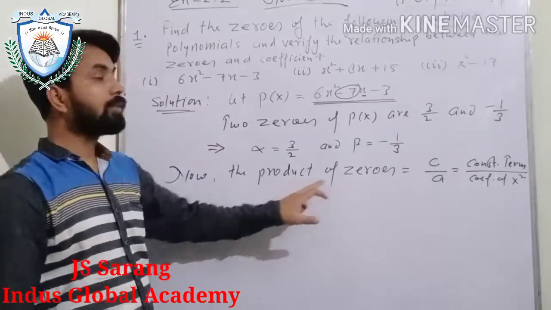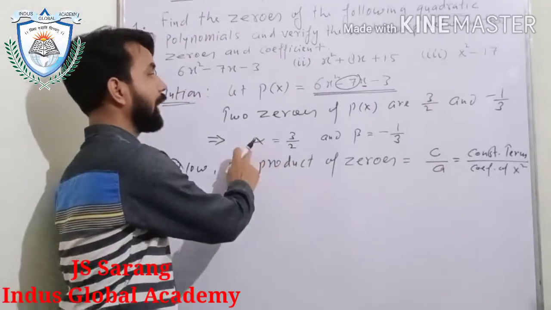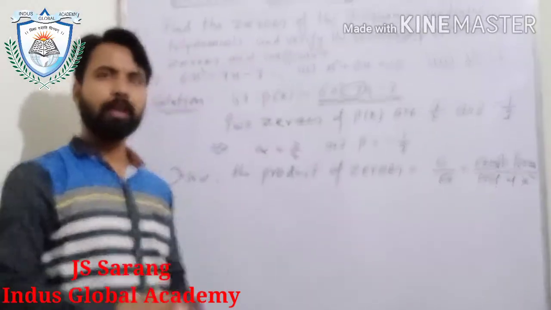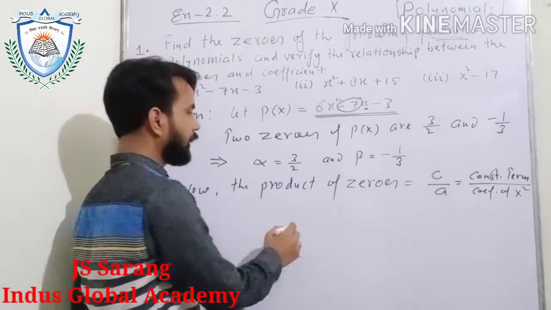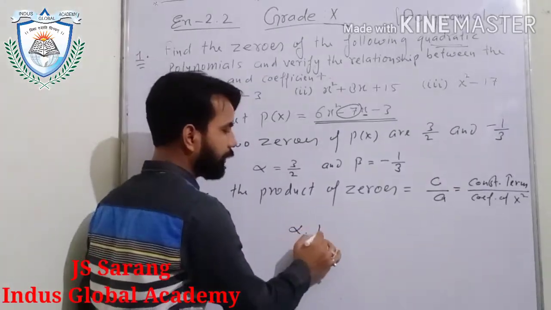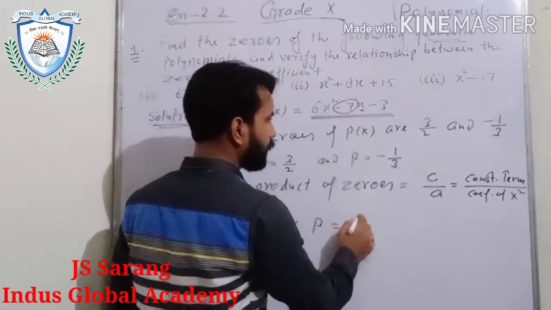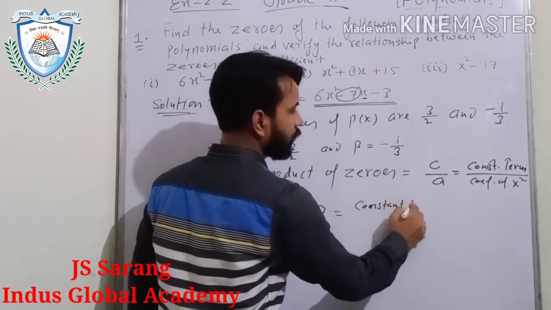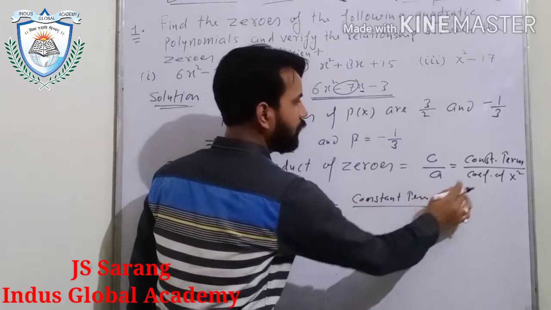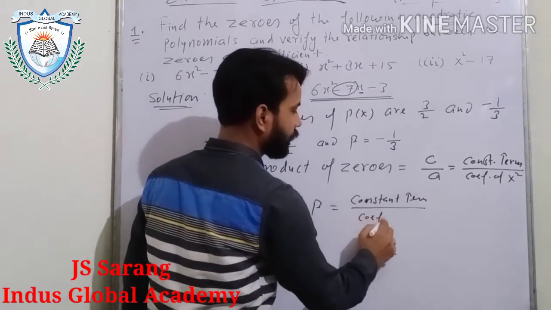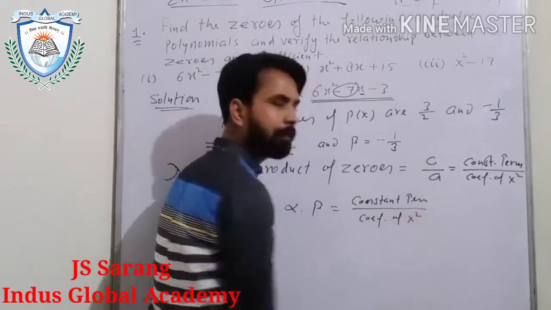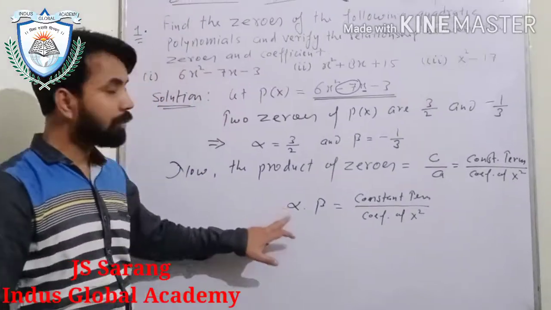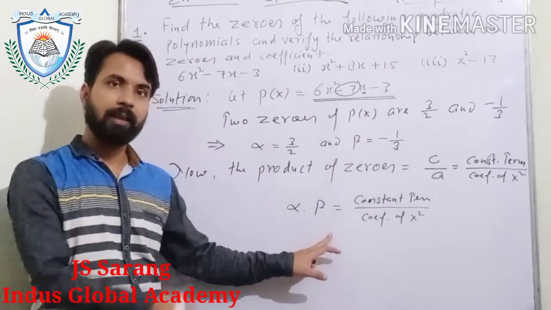Now the product of zeros, but zeros are what? Alpha and beta. Product means multiplication, so their multiplication will be alpha into beta is equal to the constant term upon the coefficient of x square. Now we have to substitute the values of alpha and beta as in the previous case.